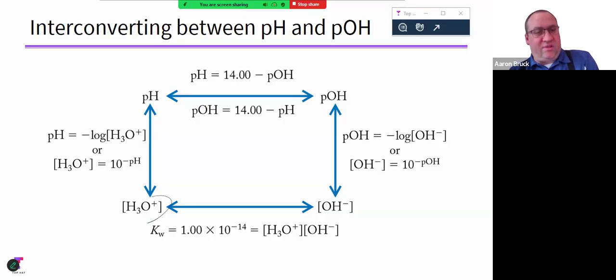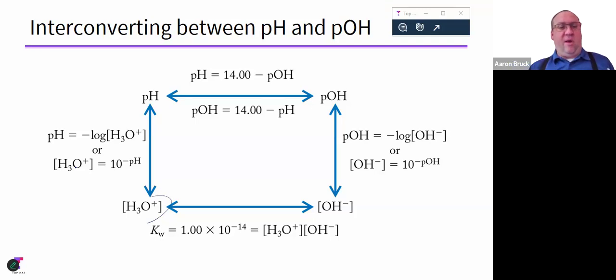If I want to go between hydronium and pH, well, if I have pH, I would use the antilog. If I have hydronium, I would use the pH equation to figure out how to get pH from that hydronium concentration.